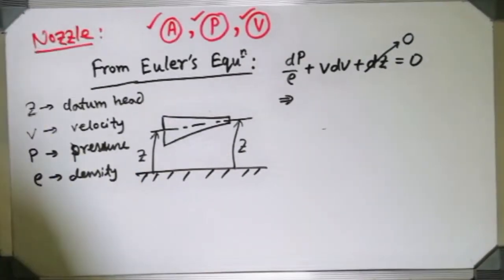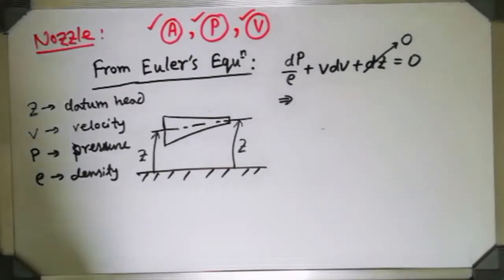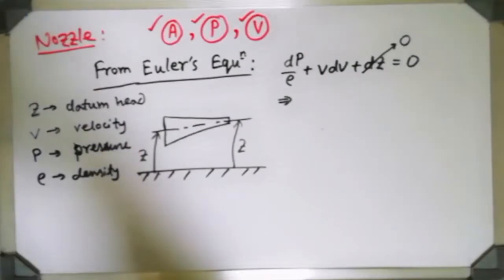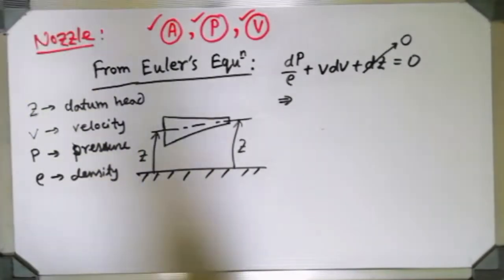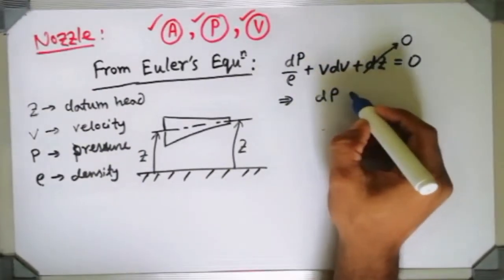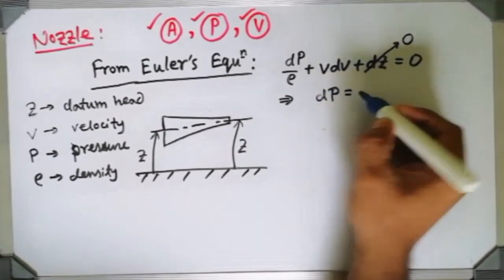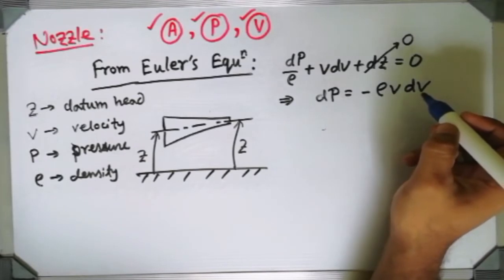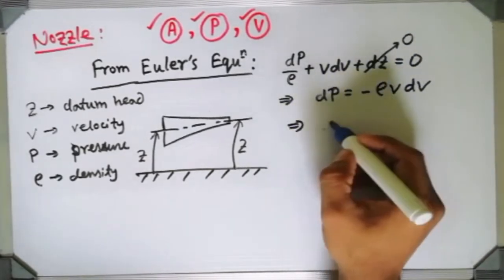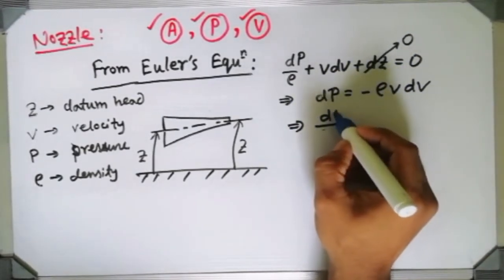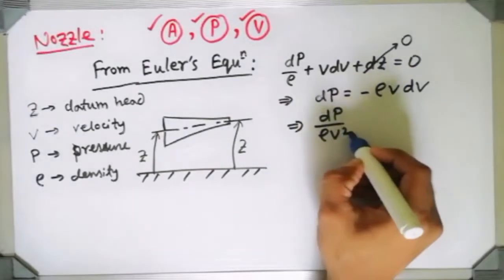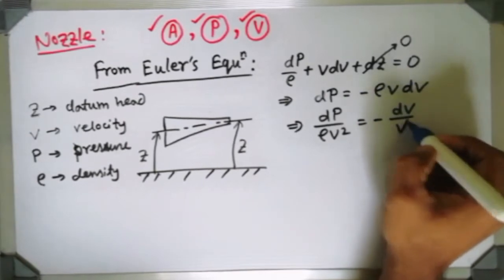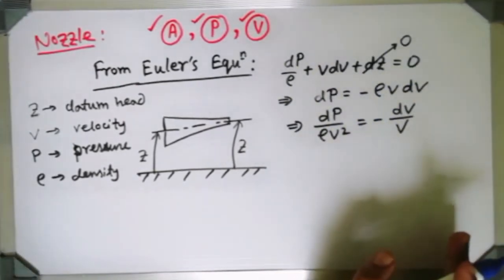So if we nullify the dz part, then that equation will look like dP equals minus rho v dV, and I can convert this equation this way also: dP by rho v square equals minus dV by v. I have done nothing special here.